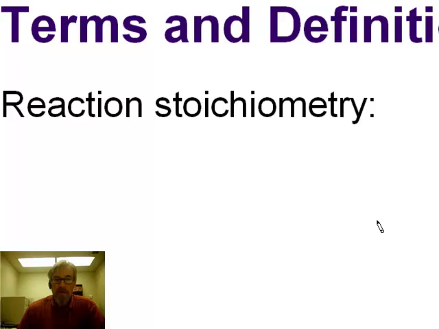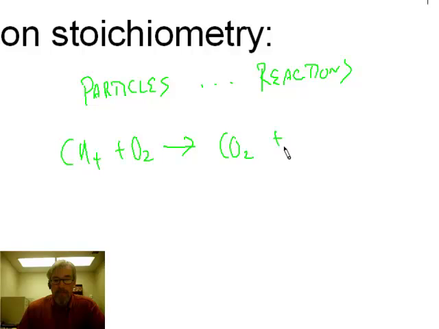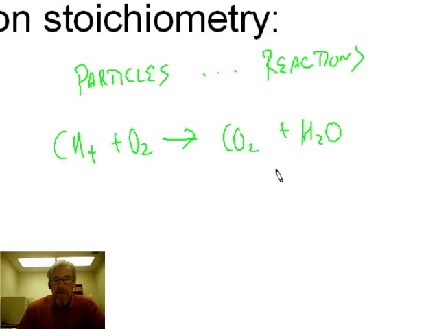Later on, and you already have some experience with this, we're going to spend a lot more time with reaction stoichiometry, and this is concerned with the ratios of fundamental particles, different kinds of particles. It could be atoms, could be ions, could be molecules, as they are involved in chemical reactions. So, for example, if methane burns in oxygen, we know that carbon dioxide and water will be the 2 products.